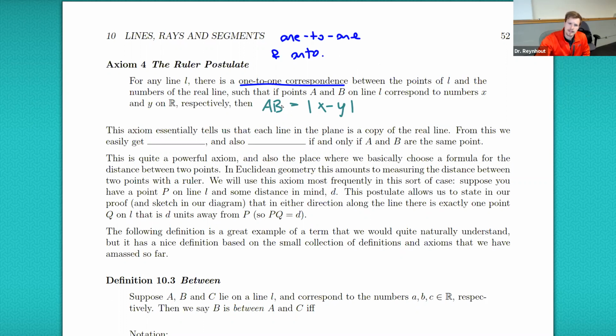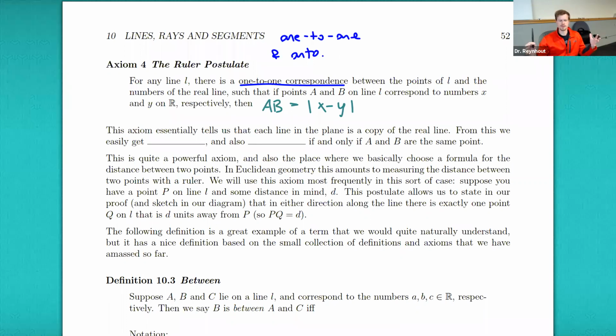There are a lot of different functions that we could choose. For us to end up in Euclidean geometry, we would want this to be a linear function.